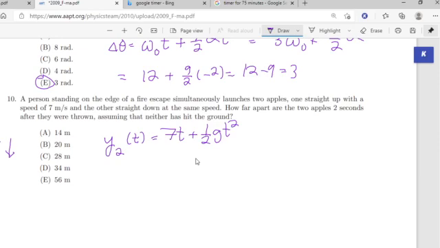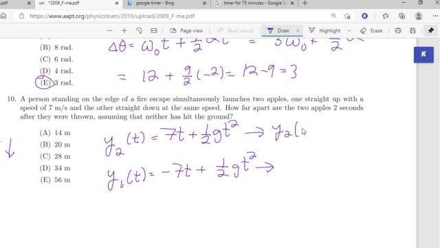Okay, and then the first apple would have an initial velocity of -7, and the acceleration is still the same, so it's this. If we plug in 2 for each of them, the position for this one should be 14 plus 1 half times 10 times 4, which is 20. 14 plus 20, so 34.